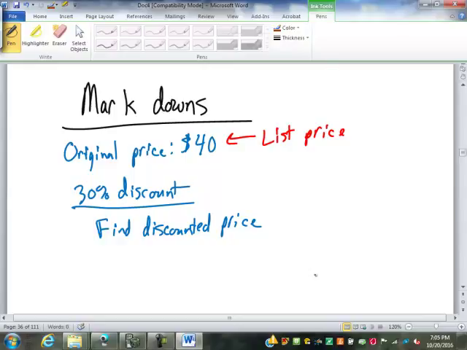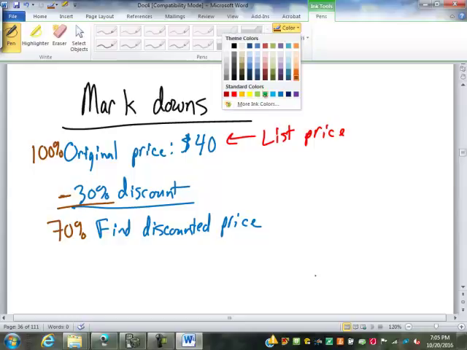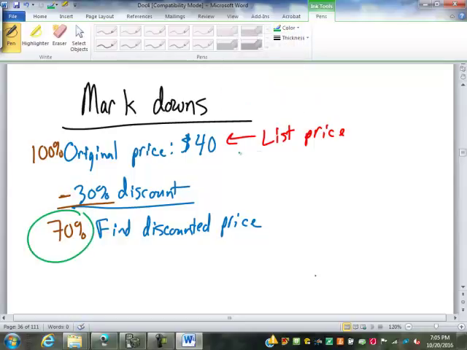The discounted price, now here we could go ahead and simply find 30% and subtract it. But we know the original price is 100%. We're subtracting a 30% discount. What percent is the discounted price going to be? 70%. So all we really have to do is find 70% of that list price.